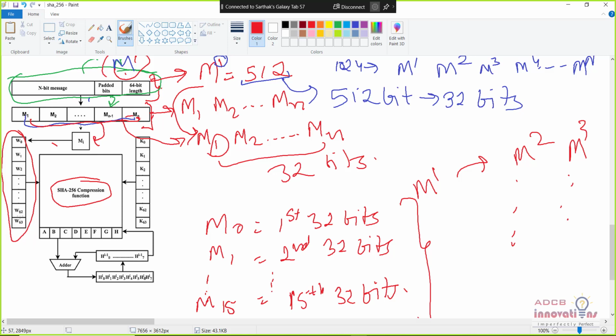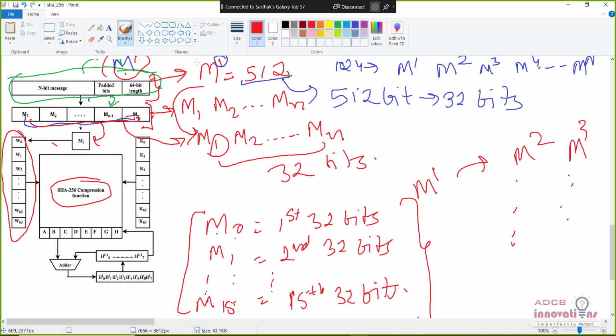W0 to W15 will be containing M0 to M15 values, and I will tell you how the other values of W16 to W63 are calculated. So this is how it actually happens.